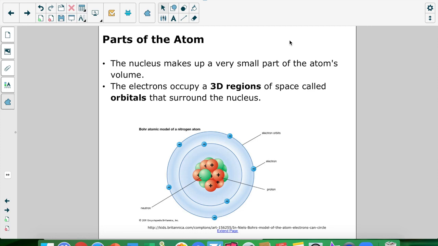The electrons are moving in 3D regions that are called orbitals. We're going to talk about orbitals later on, but the orbitals are 3D clouds where it's the most probable location to find the electrons.